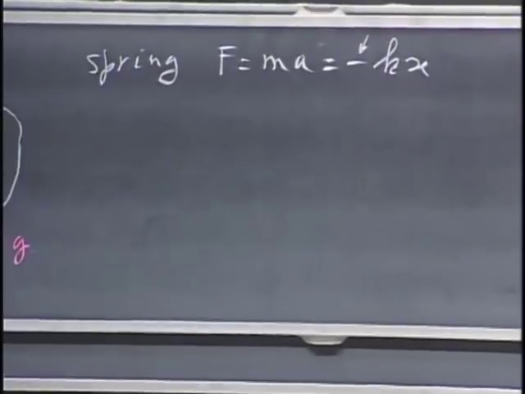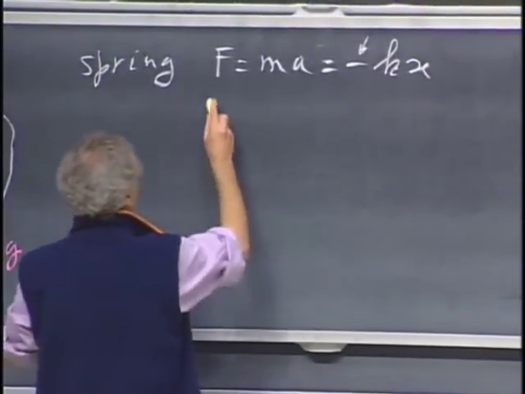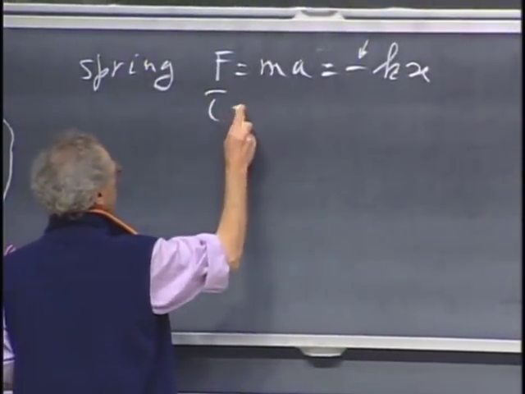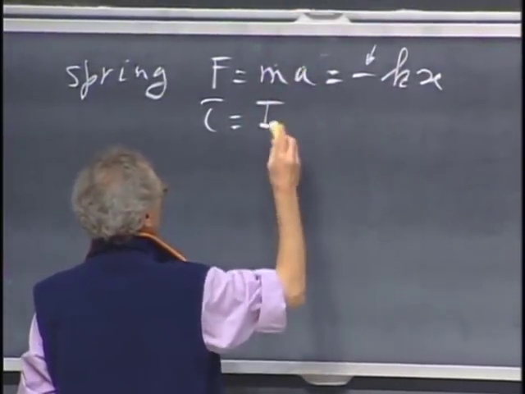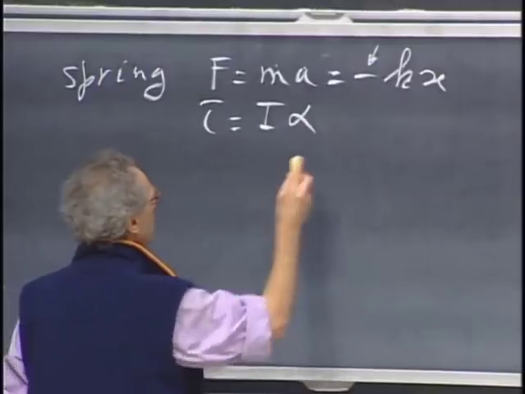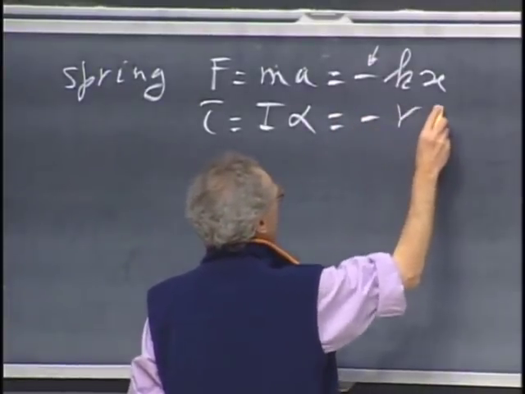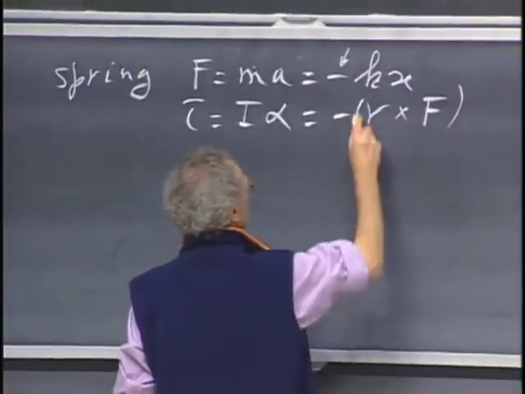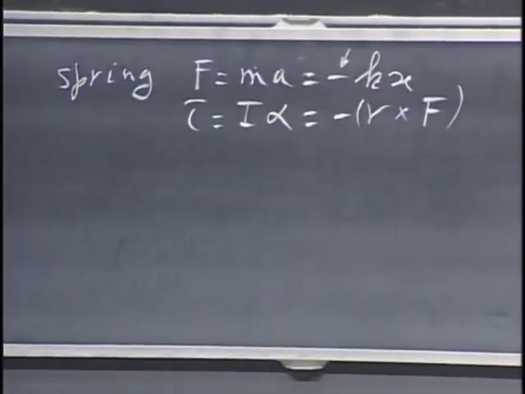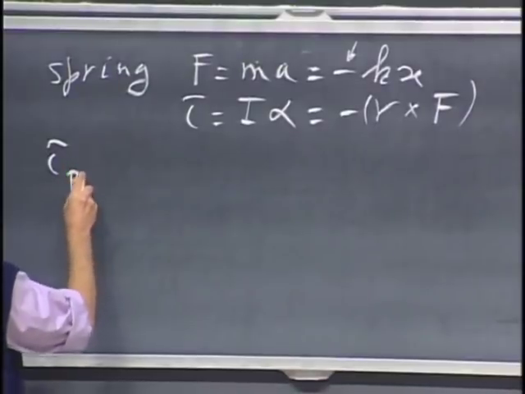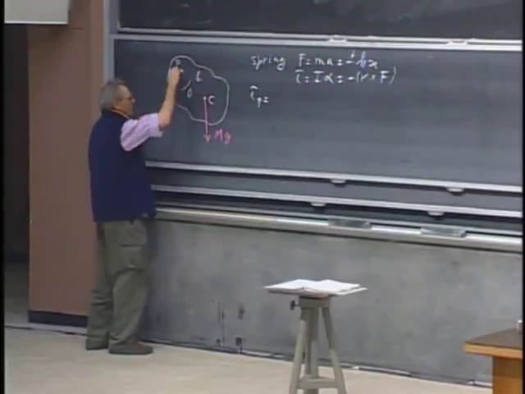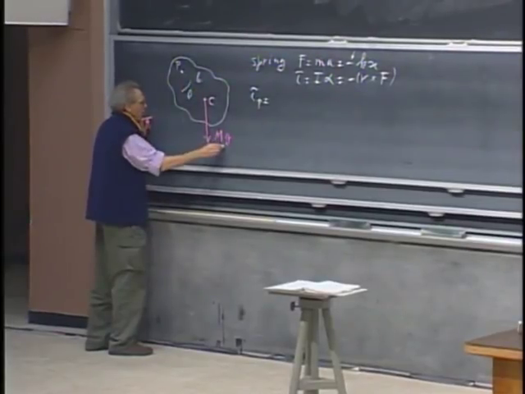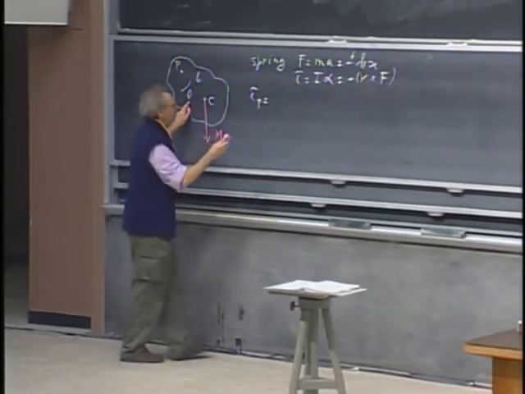So we now get something very similar. In rotation, force becomes torque, mass becomes moment of inertia, and acceleration becomes angular acceleration. So now we have minus r cross F, and the minus sign indicates that it is restoring. So if I take the torque relative to point P, then I have the position vector which has magnitude b, the force is mg, and I have to multiply by the sine of theta.